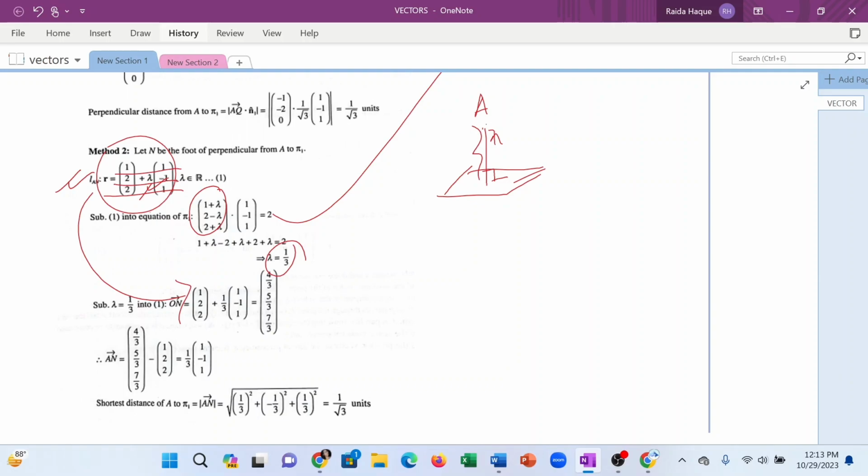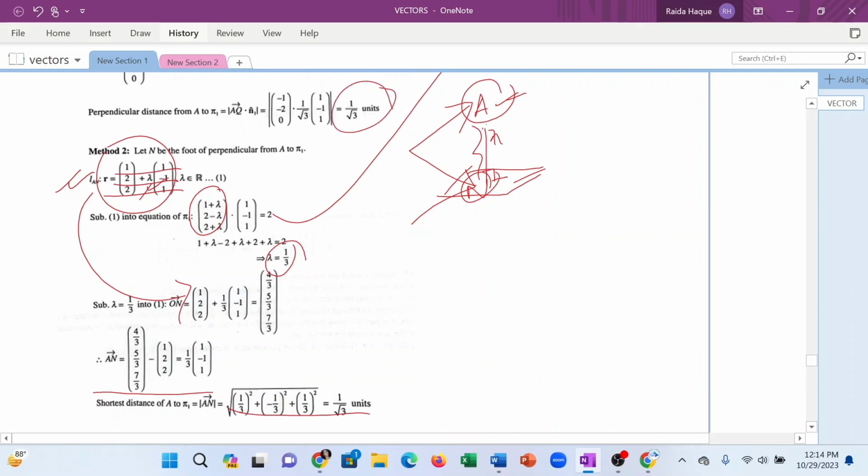So once you find the foot of the perpendicular, so you found N, you already know A. So simply you need to find the equation of a line connecting these two variables, and this will give you the equation of the perpendicular line, right? And then the shortest distance will obviously be the magnitude of that. So you have the direction vector, and then finding the magnitude of that gives you 1 by root 3 units.